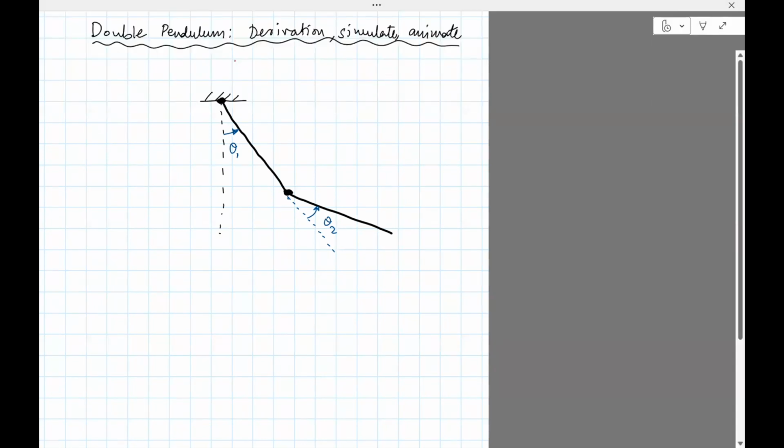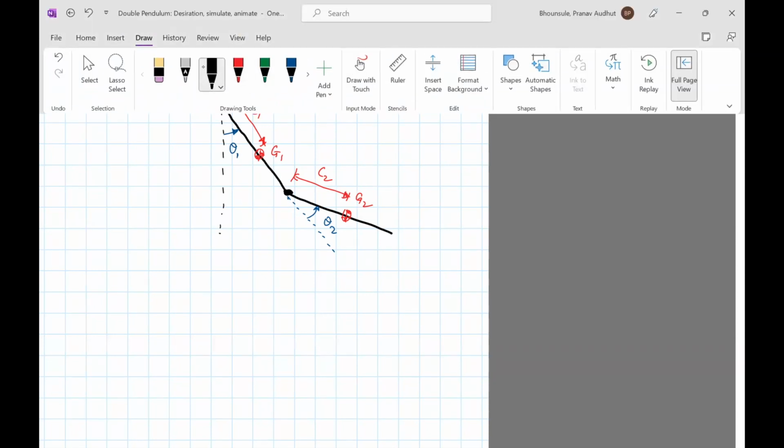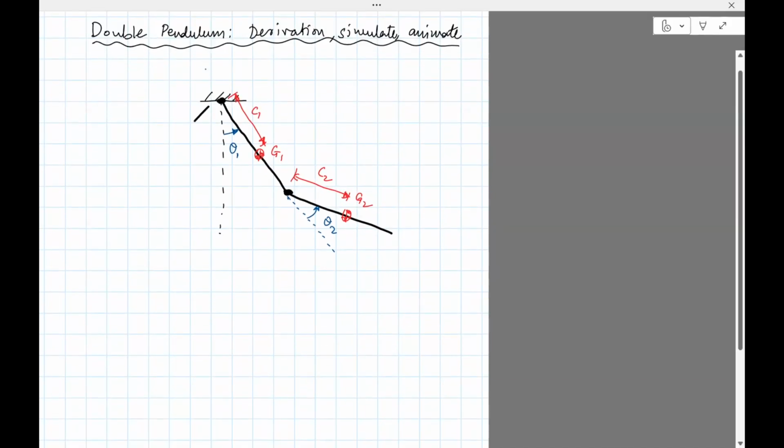Okay, let's draw the center of mass, G1 and G2. And let's say that this one is at a distance of C1 from the pin joint, and the other one, G2, is at C2. And we only need the length of one of those links.